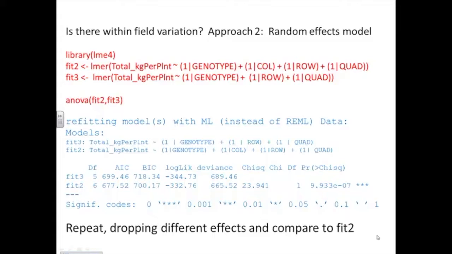Based on a chi-square distribution, it's significant. And the model with column provides a better fit based on AIC, BIC, and the log likelihood. So it's just another way of addressing the question, is there variation across columns? I have to repeat this, leaving out row and leaving out quadrant.